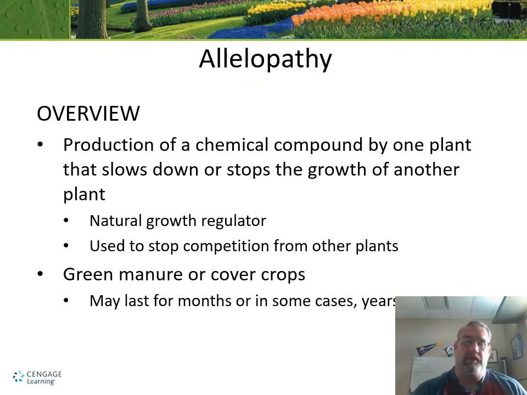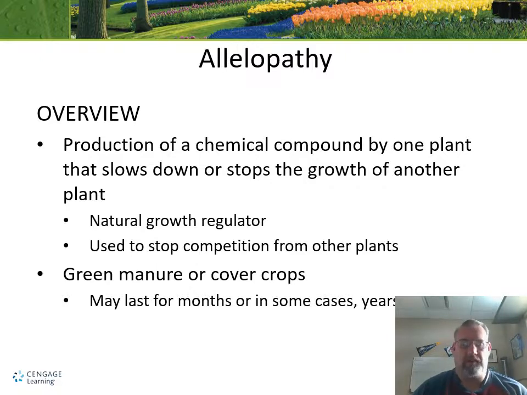And what you'll notice is most of the plants will not grow directly up to the plant. There will be a gap of dirt or area in between the other plants and the eucalyptus tree, and this acts as a sort of herbicide or a growth regulator to limit the amount of plants that grow and hog the space and the oxygen from these plants.